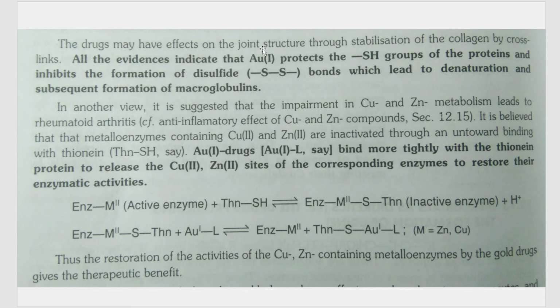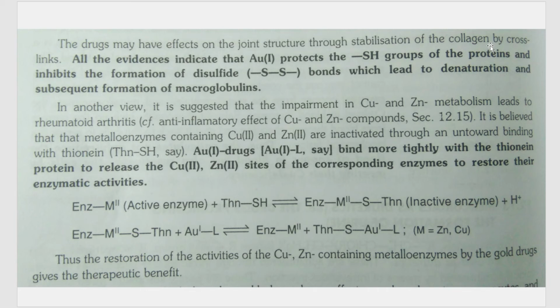This drug goes into the area where the joint pain is, into that joint structure, and it stabilizes the collagen. Collagen is a type of protein present in our body, especially in our bones. For bone strengthening and joint strengthening, collagen protein is required.